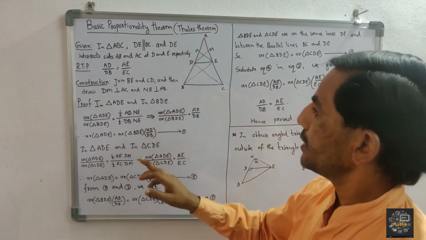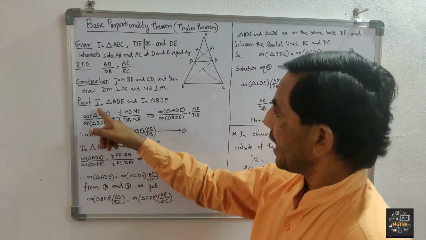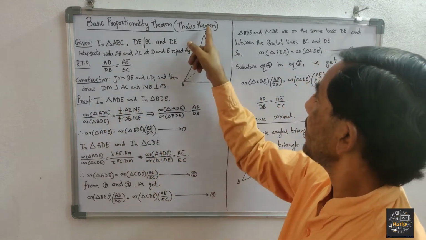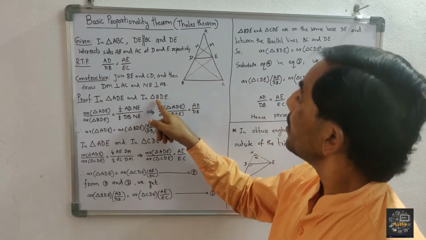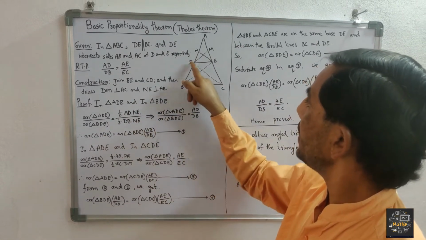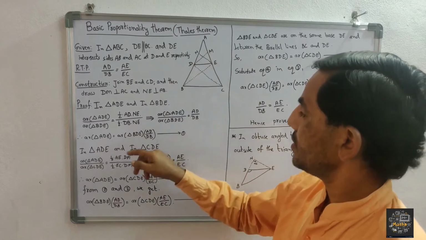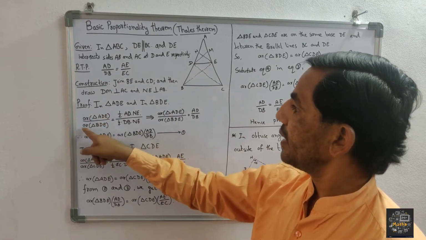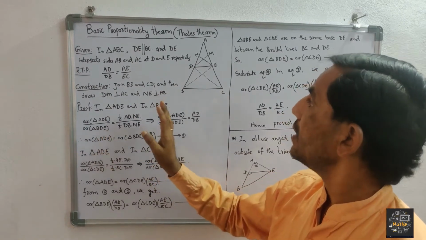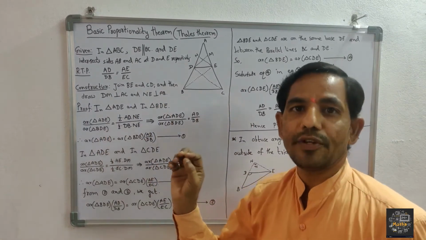Next, proof. In triangle ADE and in triangle BDE, in these two triangles, we take area of triangle ADE by area of triangle BDE. The general area of triangle formula is half into base into height.